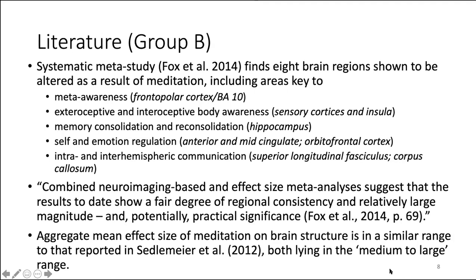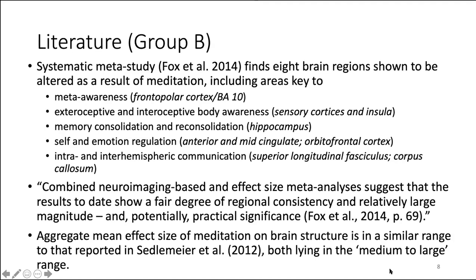And these include regions of the brain that have to do with meta-awareness, exteroceptive and interoceptive body awareness, memory, emotion regulation, as well as intrahemispheric and interhemispheric communication.